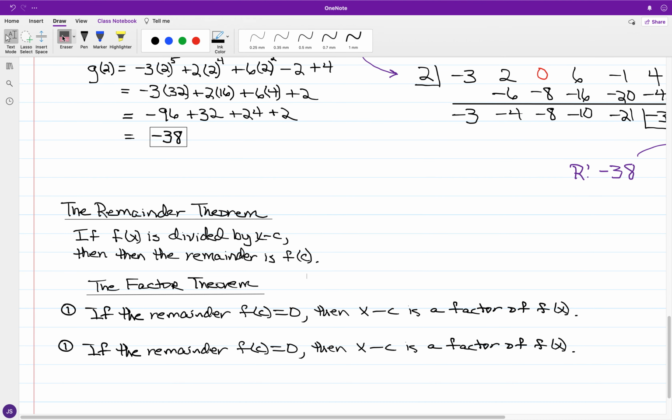On the other hand, if the remainder f of c does not equal 0, then it turns out that x minus c is not a factor of f of x.